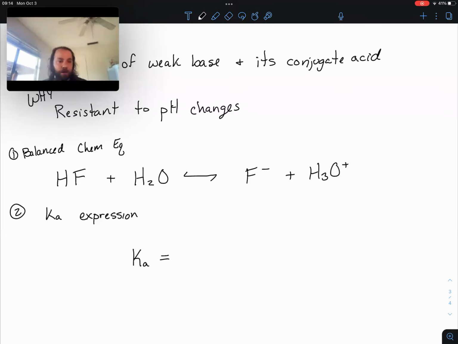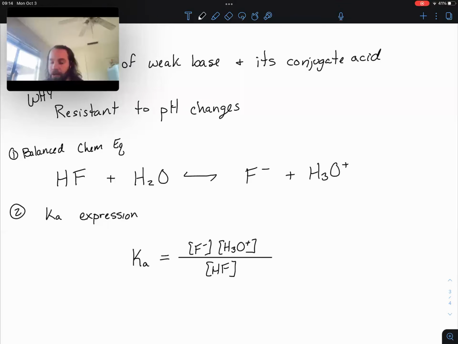Products over reactants. Every time I'm building an equilibrium constant, that's what I'm chanting over to myself in my head. I'm going to take the products of this reaction and put it over my reactants. Again, we're not going to include water because it's a pure substance. There's so much of it that the concentration will not change.